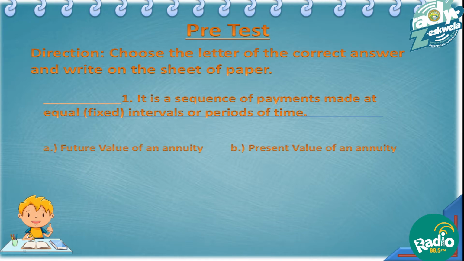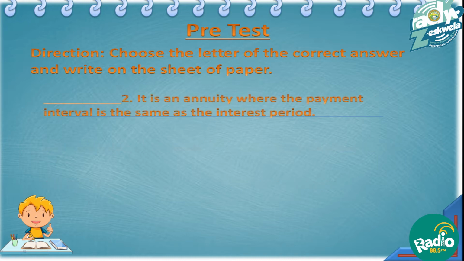A. Future value of an annuity. B. Present value of an annuity. C. Annuity. Or D. Periodic payment. Number 2. It is an annuity where the payment interval is the same as the interest period.